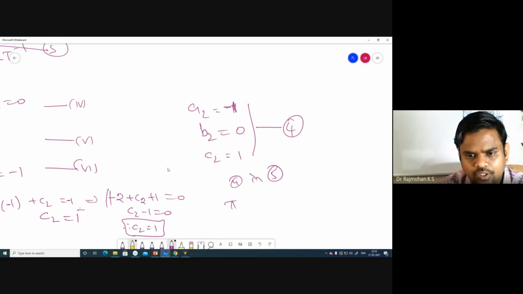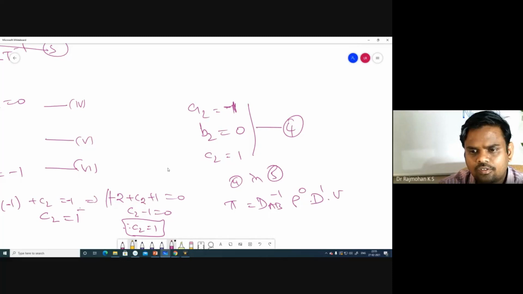So pi 2 equals D_AB power minus 1, rho power 0, d power 1, and the fourth variable we have taken in this case is v.